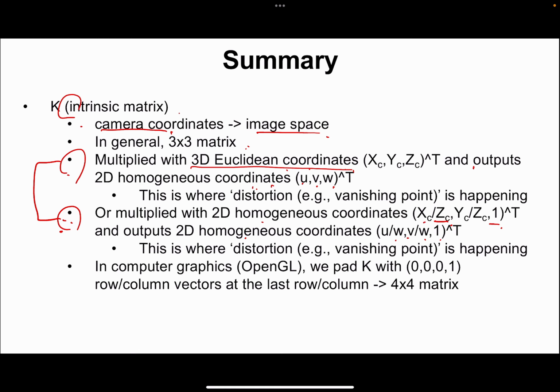There's no distortion, very clear. There's no dimension reduction, just 3D to 3D. But in the intrinsic matrix, now we are going to project 3D data to 2D space, and that is where distortion is happening. Vanishing point or anything like this kind of distortion.